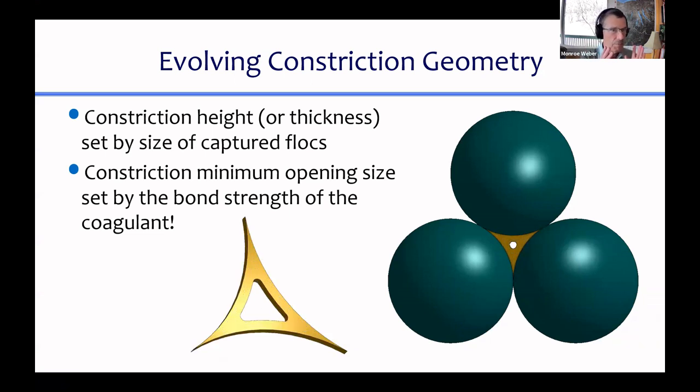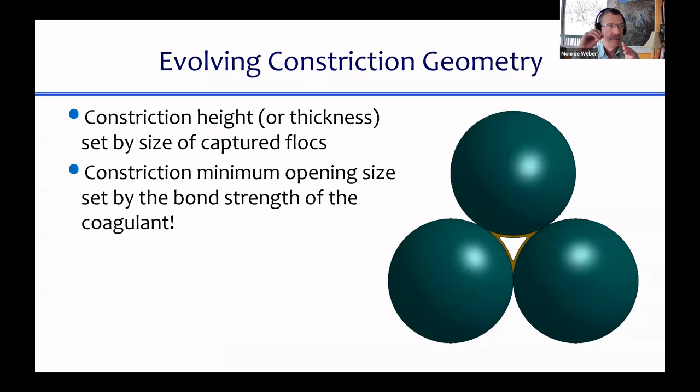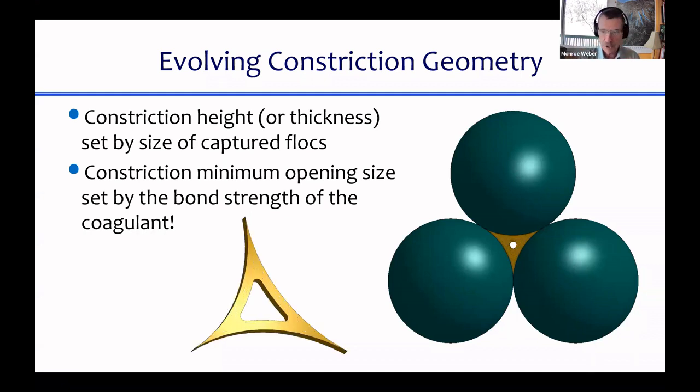Do you see how this is such an important piece of understanding what's going on inside filters? The filters allow even the biggest flocks to just go right through the filter at the end. When the filter is full, when all these constrictions are made, flocks just go right through because the viscosity is dragging those particles right through the filter.